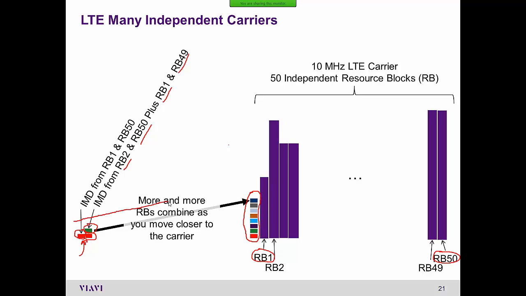And so what you end up with in LTE is a slanted, increasing power intermodulation distortion artifact that rises as you go in towards the carrier. You'll get artifacts on the left-hand side of the carrier that rise as you go into the carrier. And on the other side, you'll get the same thing. Further away, it'll be lower in power, and then as it goes into the carrier, it grows and rises.